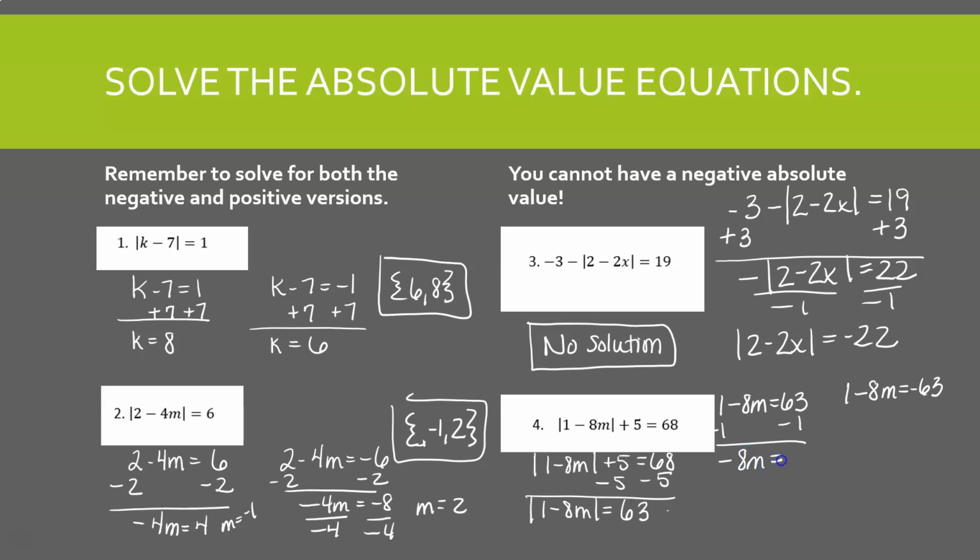Negative 8m equals 62. I'm going to divide by negative 8. So when I reduce this, I have m equals negative 31 fourths. Let's solve over here. So negative 8m equals negative 64. Divide by negative 8. So I have negative 31 fourths and 8.